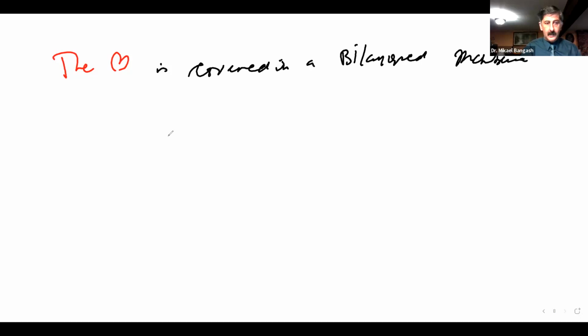And when we say bilayered, it means made up of two layers. And what do we call this two-layer membrane? That is called the pericardium.